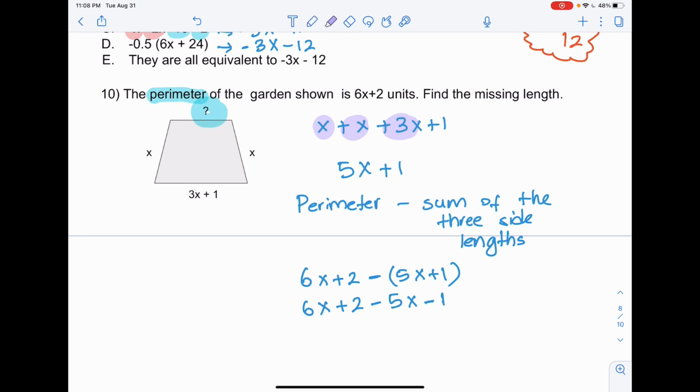Now it's time to combine like terms. So 6x and then I have negative 5x. And then also I have positive 2 and then negative 1 here. Let's combine them. 6x plus negative 5x will be just 1x or x. And then positive 2 plus negative 1 will be 1. This is our final answer.